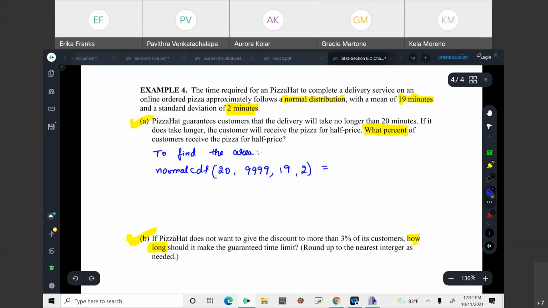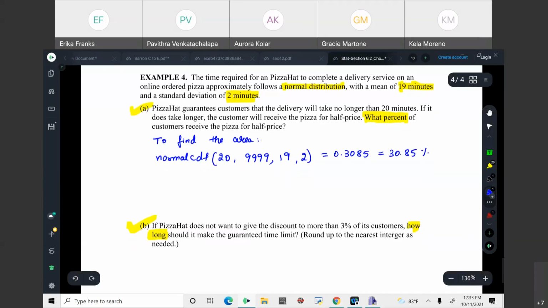What will be the area? 0.3085. So they're asking you the percentage. So convert it into the percentage, which will be 30.85. How do you convert that into percentage? Multiply by 100. That's it.